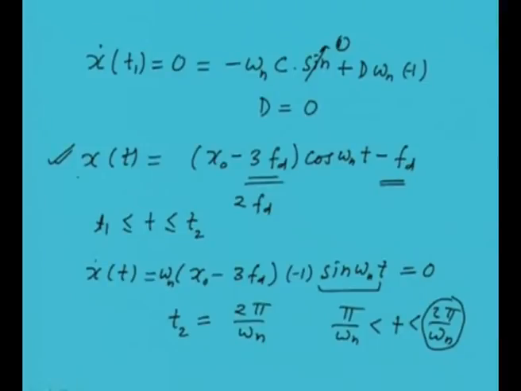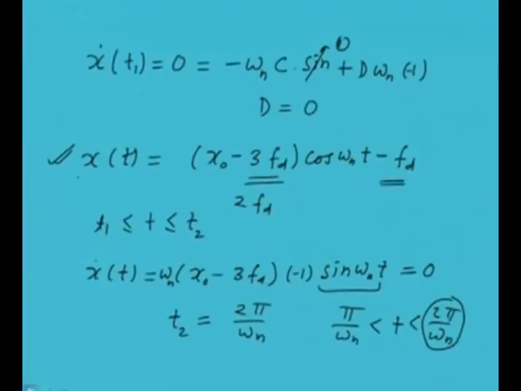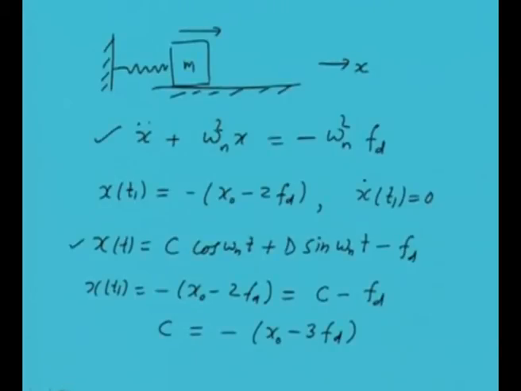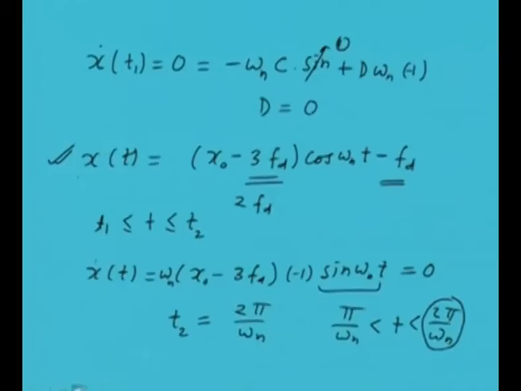So, let us see in this equation, if we substitute t2, we will get x naught minus 4 Fd, and this is the solution when again the mass is becoming stationary, when this mass is going toward the right and becoming stationary, that is the time t2.